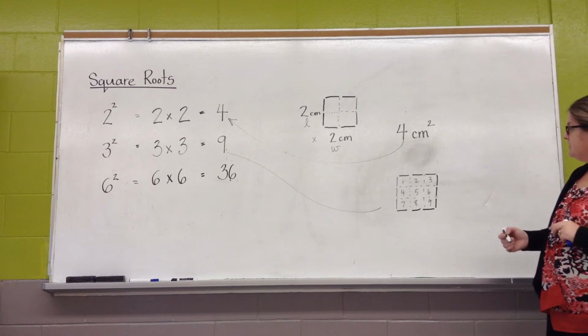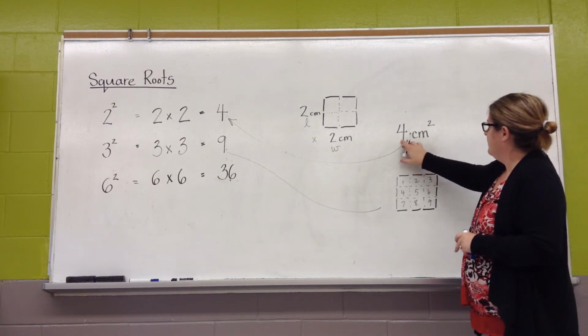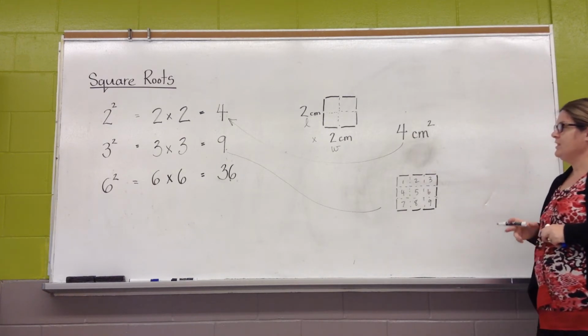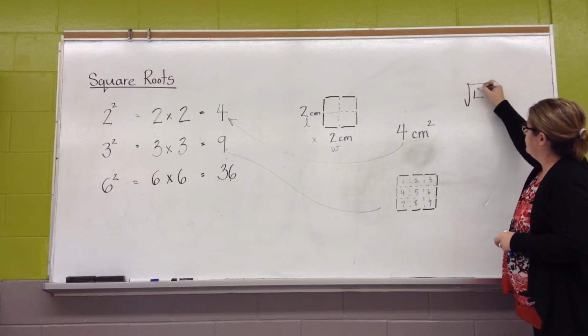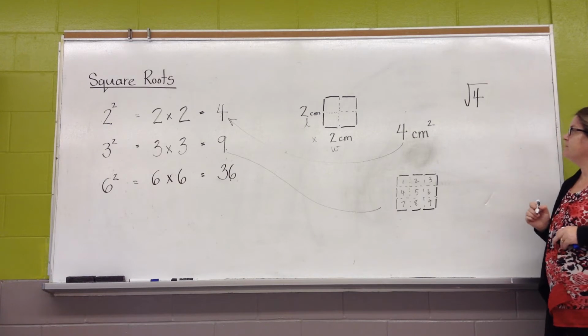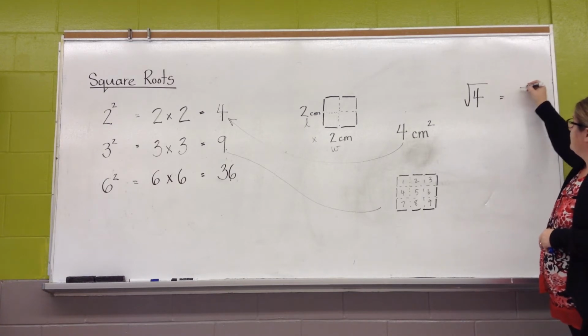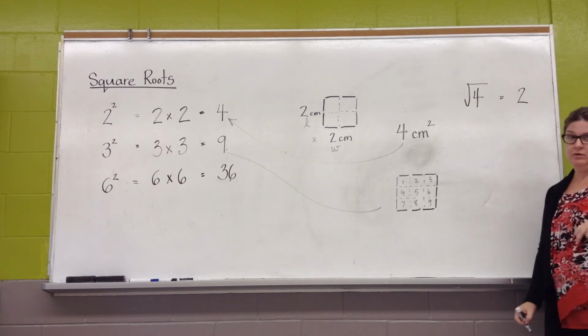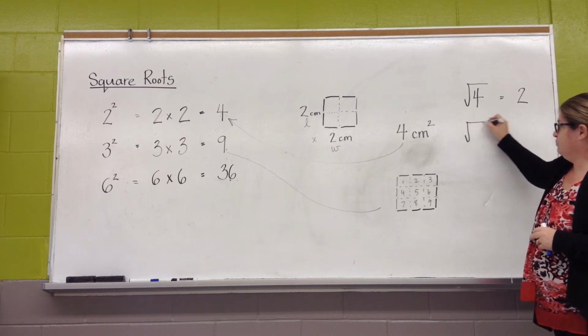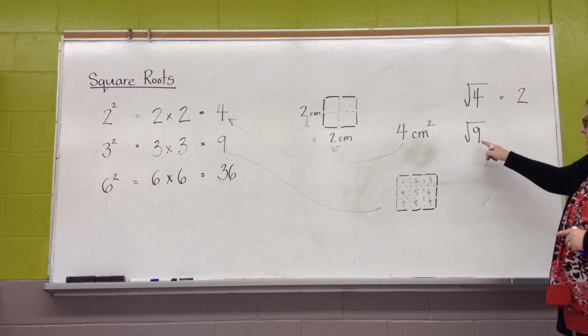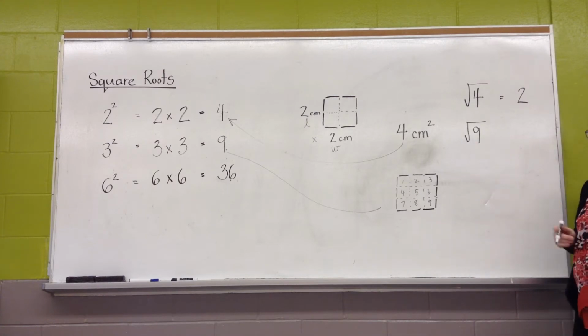What I want to remind students about today is to show them that we can take that answer, the square root of 4, and know that the answer is 2, the opposite of what we started with. The root of 9, what 2 numbers that are identical multiply together to give you 9?